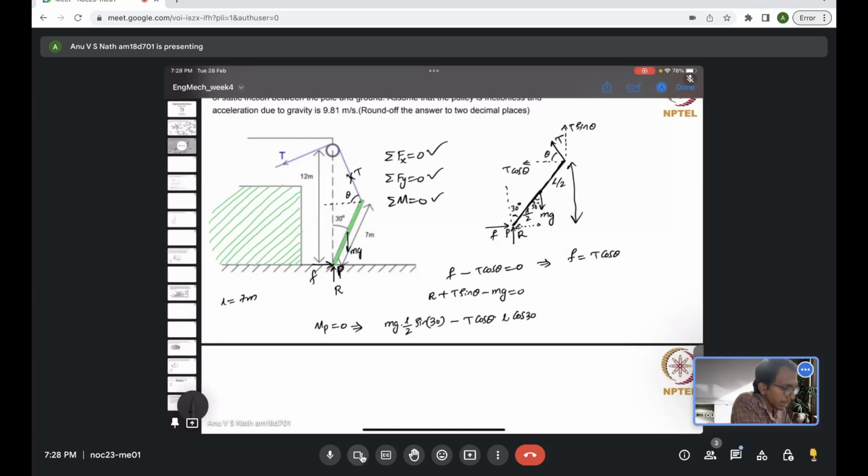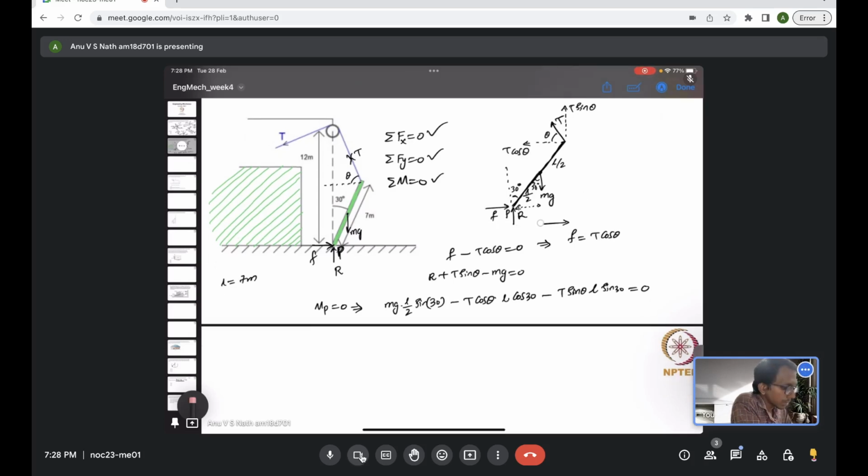And now T sin theta, which is also going to create an anti-clockwise moment, whose moment arm is this distance, L sin 30, and the net moment should be 0. Any doubt in this part?